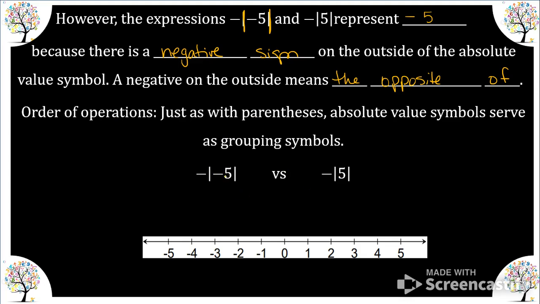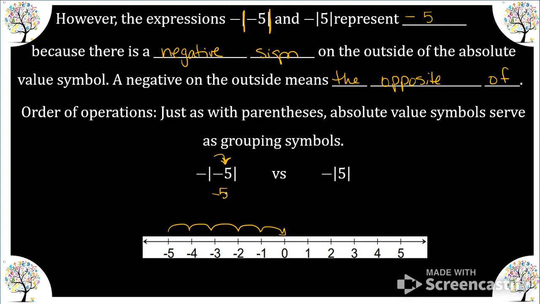So when you are looking at an absolute value expression, you need to evaluate inside the absolute value bars first. So we just learned that the absolute value of -5 is 5, but now we have this understood -1 on the outside, and so we're just going to drop it down, and it belongs with this +5.